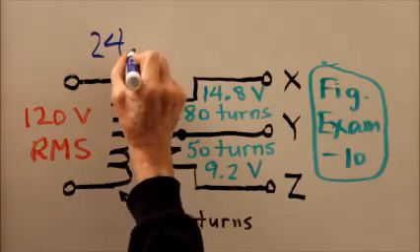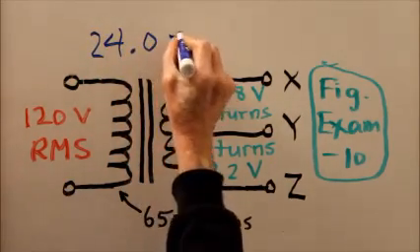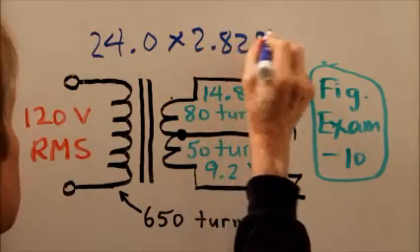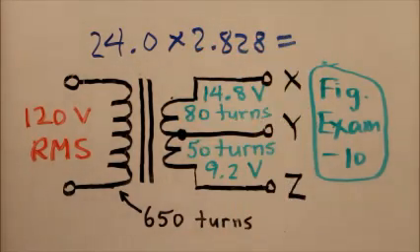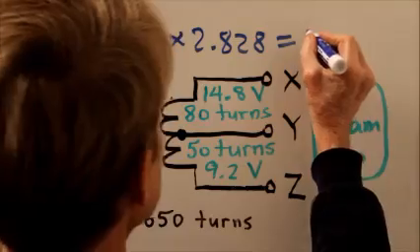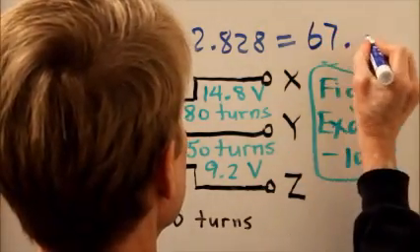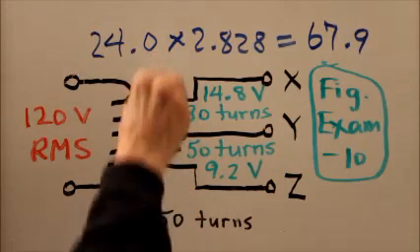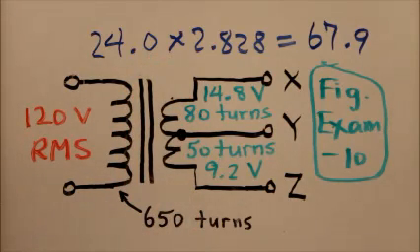So we get 24.0 times 2.828. And when we round that off to 3 significant figures or 1 decimal place, we get 67.9 volts peak to peak across this entire secondary winding.